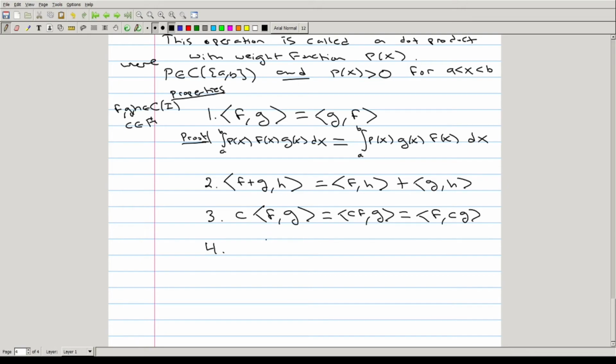And 4 is that for any function f, the inner product of f with itself will always be greater than or equal to 0.